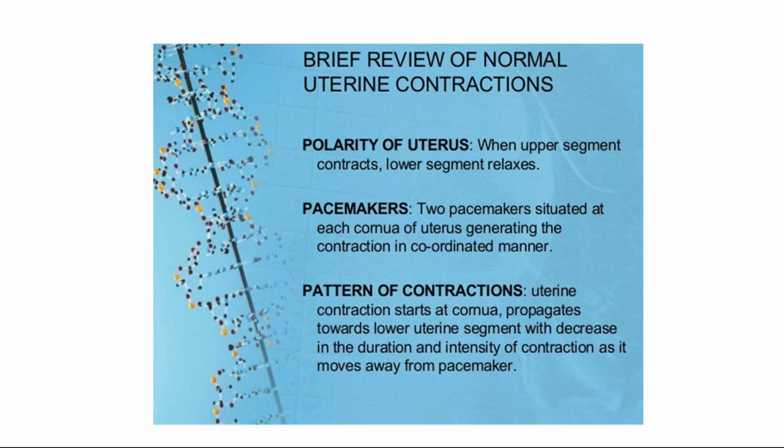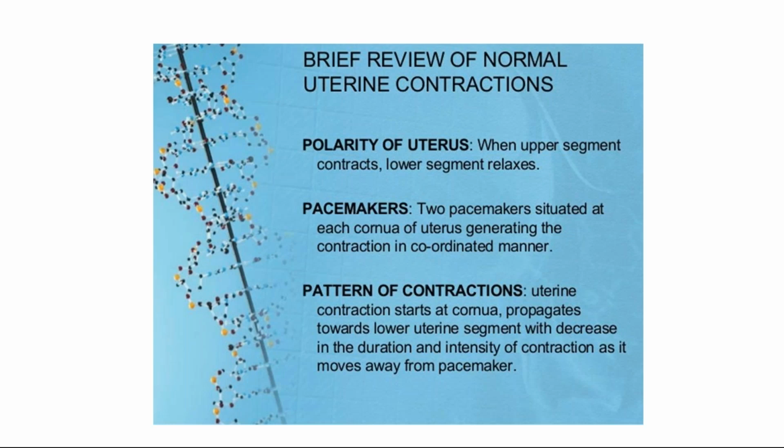The pacemakers are situated at each corner of the uterus so that the contraction will spread in a coordinated manner. There are 2 pacemakers at each uterine cornua, which generate the contraction waves. The contractions propagate down towards the lower uterine segment with a decrease in intensity and duration.